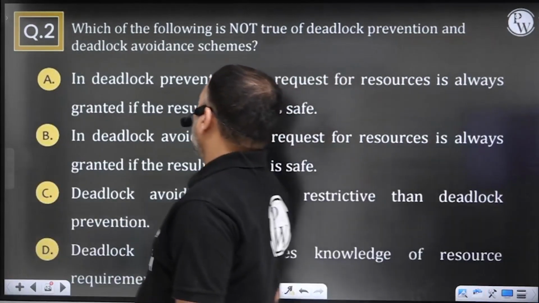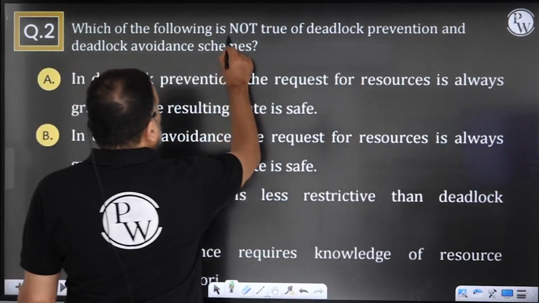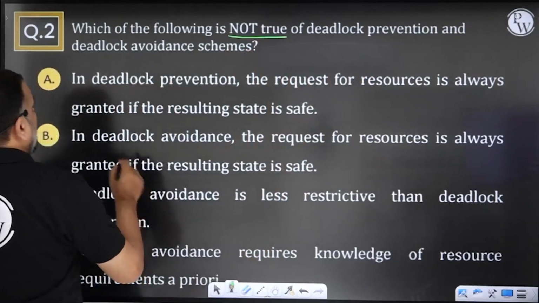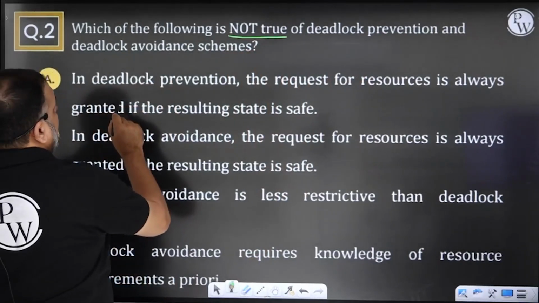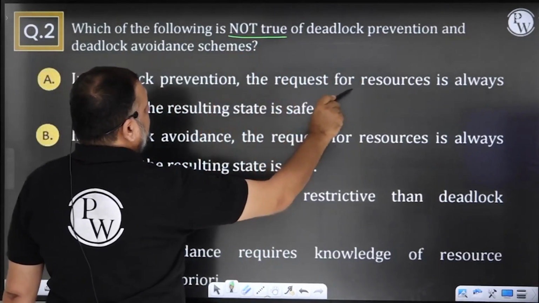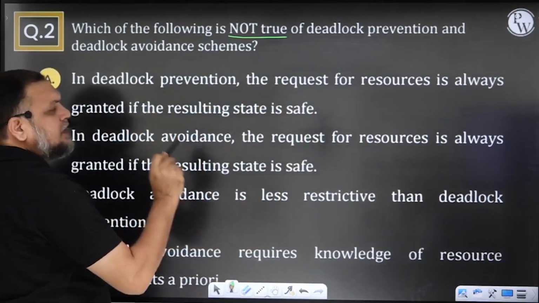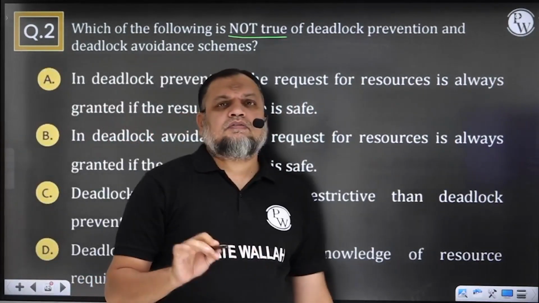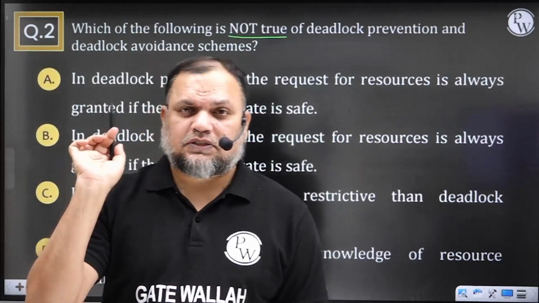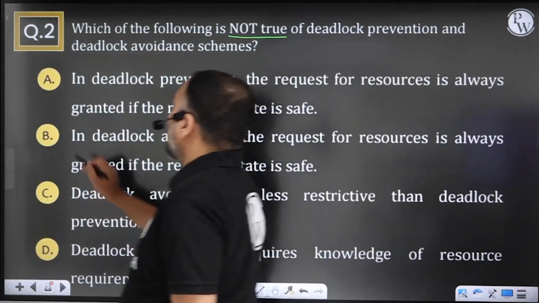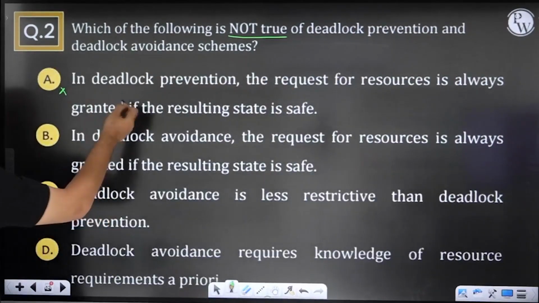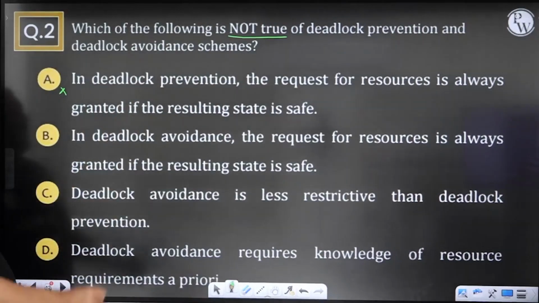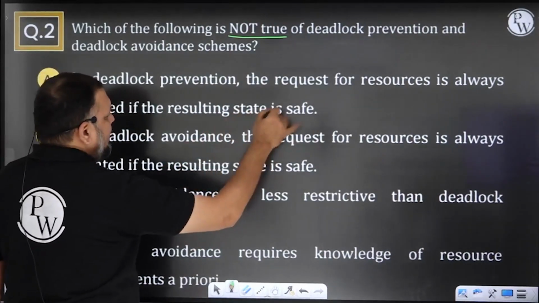Next question. Which of the following is not true of deadlock prevention and deadlock avoidance together? In deadlock prevention, the request for resources is always granted if the resulting state is safe. First option, is it true or false? First option is false, because in deadlock prevention, we never talk about safe or unsafe. In deadlock prevention, there is no concept like safe.